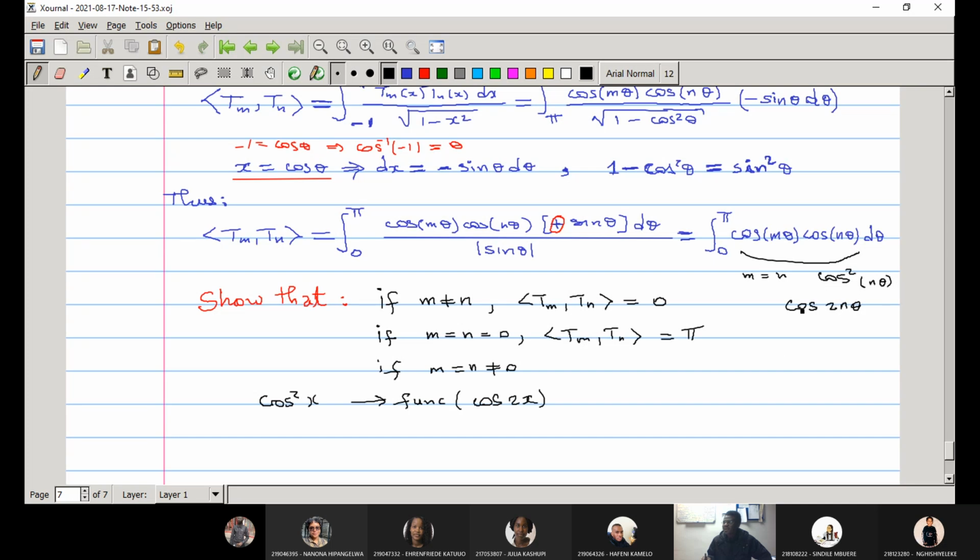And you know that you'll be able to integrate that easily using what you did in calculus 2, right? Knowledge of calculus 2 will help you here.